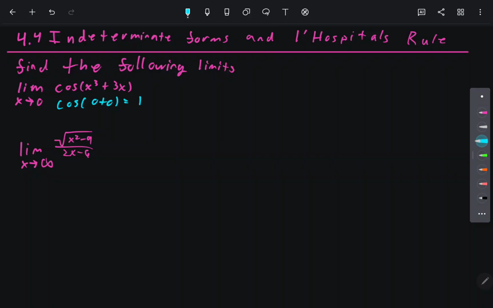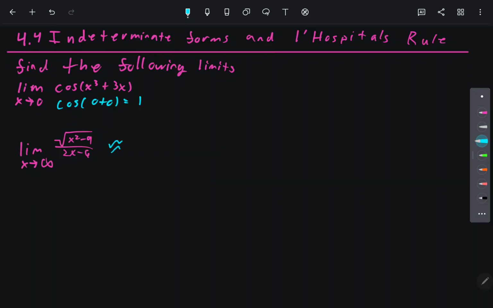For this next one, we have to do a bit of thinking. So, as x gets really, really big, what we have to start considering here is what really starts to dominate. And as x gets really, really big, the minus 9 and this minus 6 become insignificant.